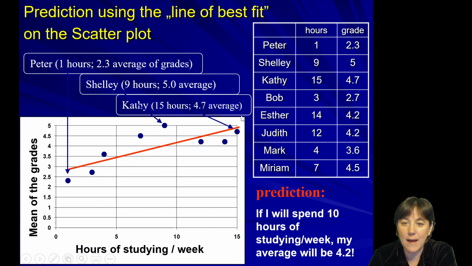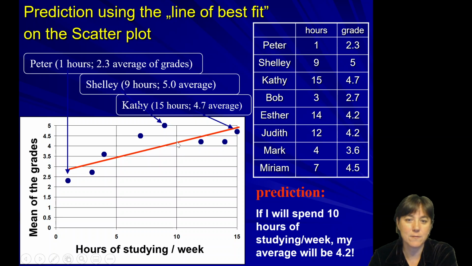Well, this is the line, and our prediction is that if I'm around these students in IQ and other important matters, then if I spend, look at here, 10 hours of studying, my grade average will be 4.2.